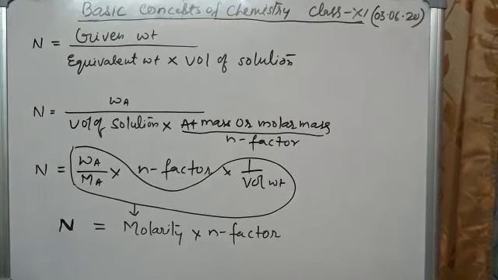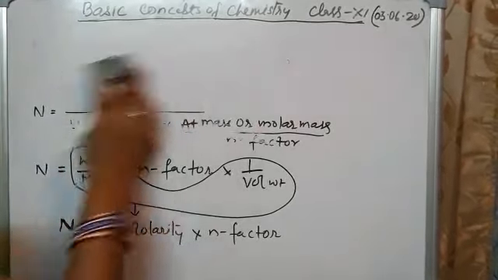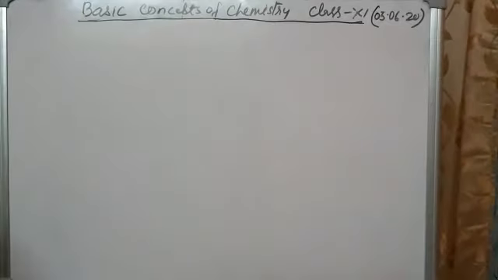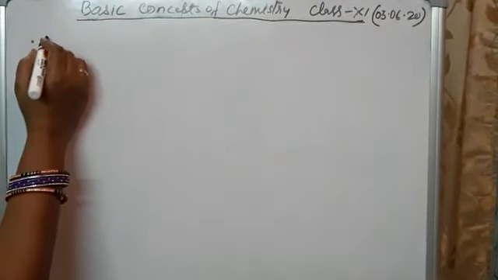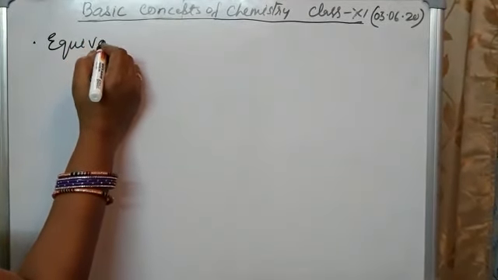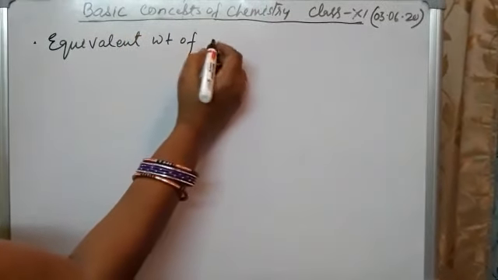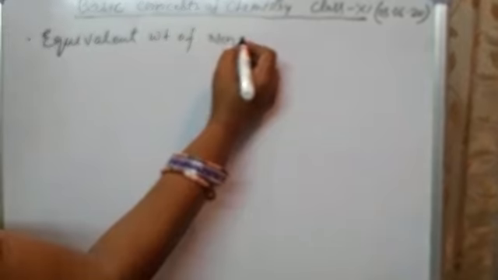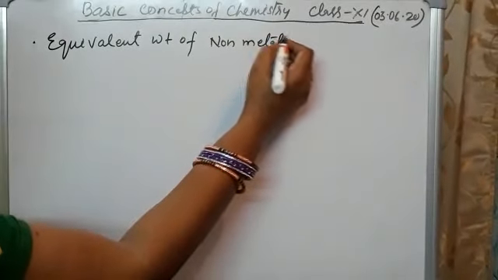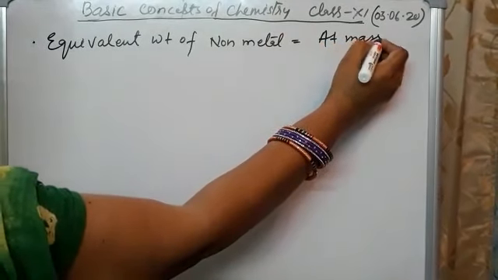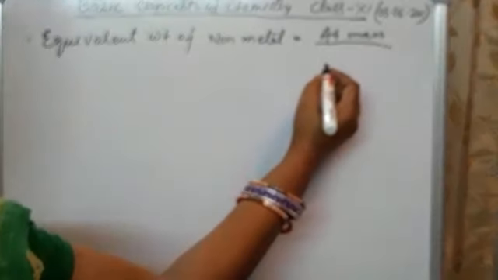Now, equivalent weight of non-metals and metals. Equivalent weight of a non-metal equals atomic mass by valency.